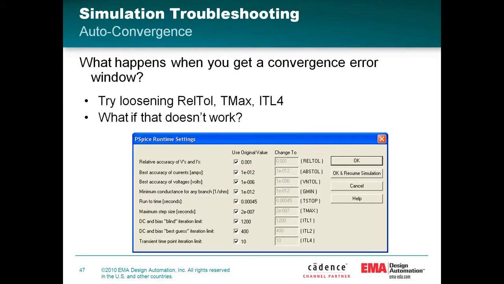When that happens, you typically get this error window here when it's a convergence error. And at this point, you can come in and do some manual attempts at relaxing some tolerances to try to achieve convergence. But the problem with that is you may not know which one to adjust. You're not real sure where the problem actually exists to go in and provide a solution for it.